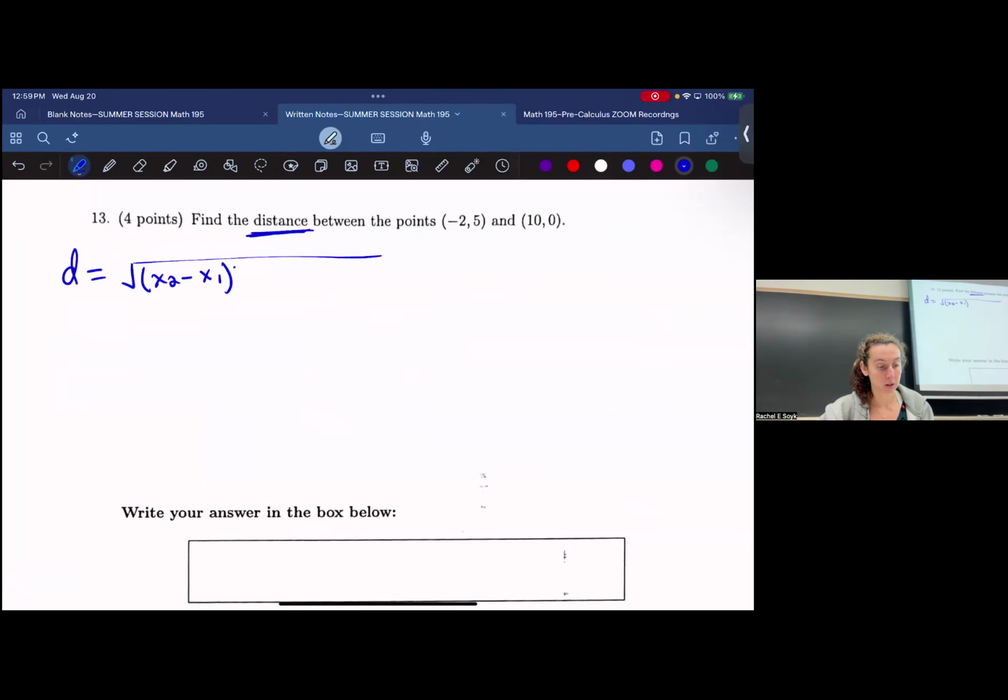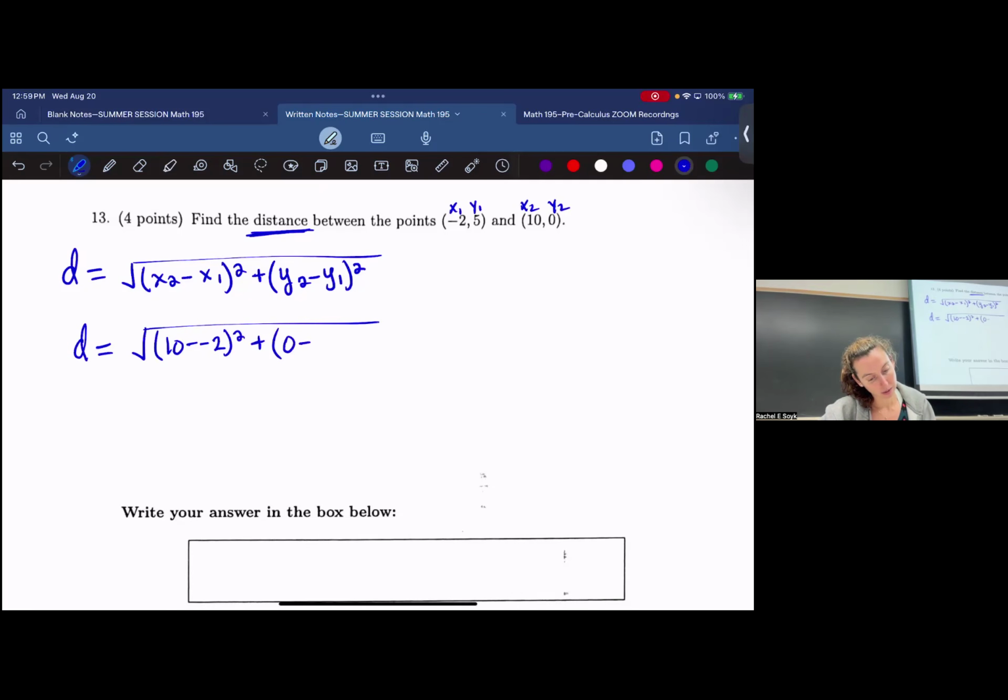Your difference between your two x values squared plus your difference between your two y values squared. And then I'm going to label my x1, y1 and my x2, y2 so I can easily just sub it in and then simplify. We end up with (10 minus -2) squared plus (0 minus 5) squared.